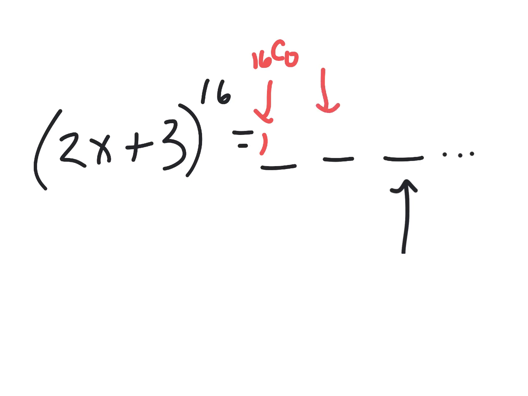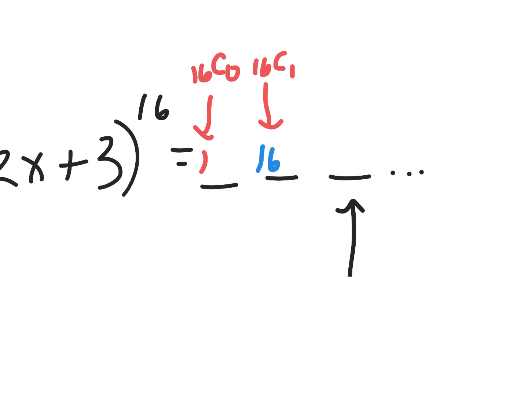This coefficient number right here would be 16C1. You might theorize what that is. Anybody have a guess? What do you think 16C1 is? You got 16 people and you get to choose one at a time. How many ways can you do that? 16. Good guess.